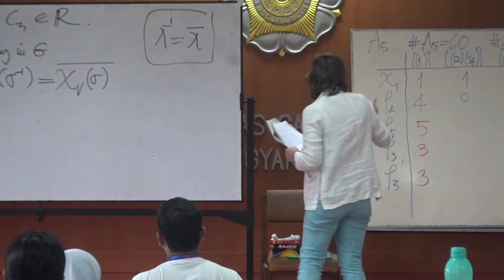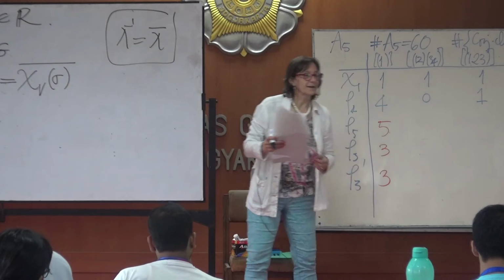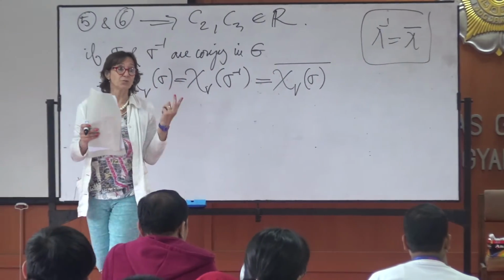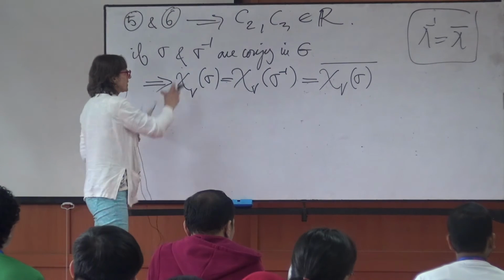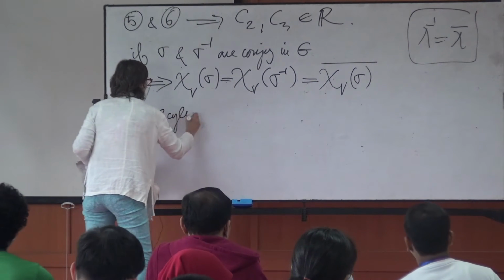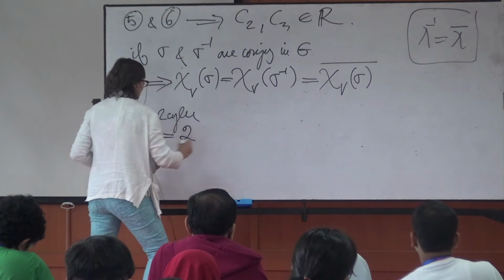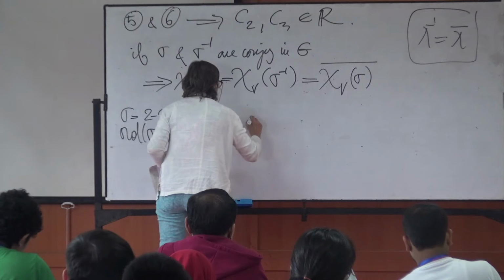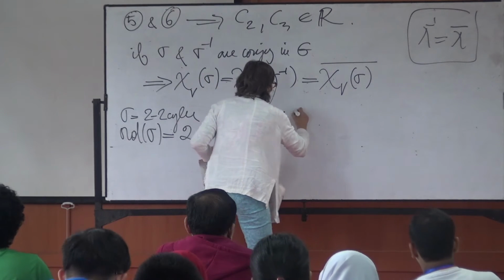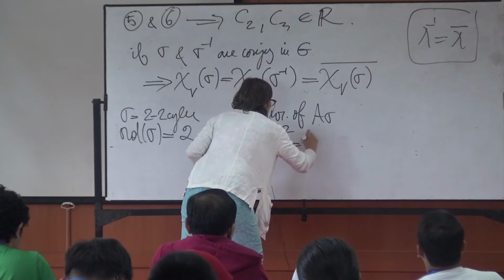For instance, the column C2 contains the characters of elements of A5 which have order 2. If we take a sigma like a 2-2 cycle, the order of sigma is equal to 2. So the eigenvalues of sigma satisfy lambda squared equals 1.